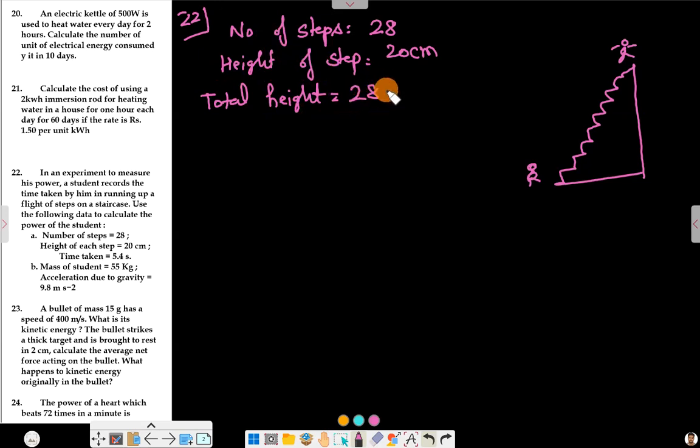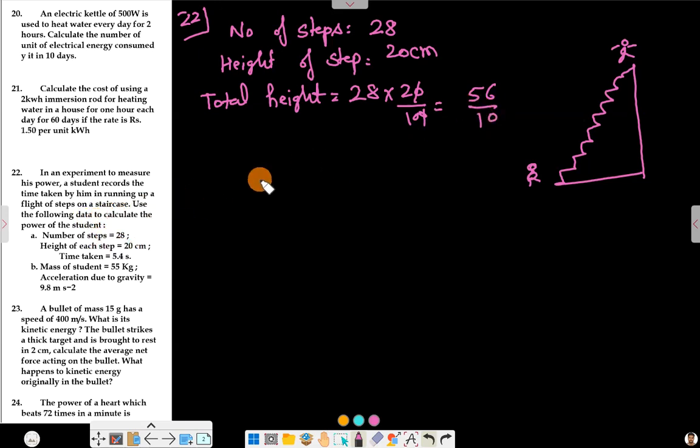So 28 into 20 by 100, because this is in centimeter, we have to convert it into meter. So it will come 56 by 10. We will not solve it further because this will be used in further calculations, and having 10 in the denominator is always helpful to convert into decimals.